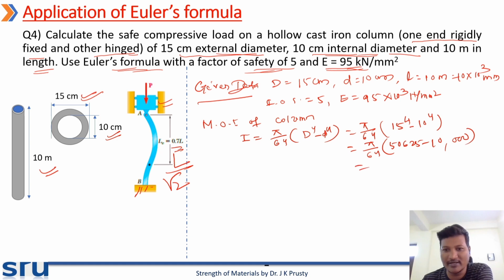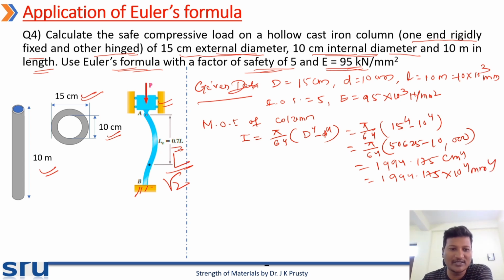We solve this, we are getting 1994.175 cm fourth, or 1994.175 into 10 to the 4 mm fourth.